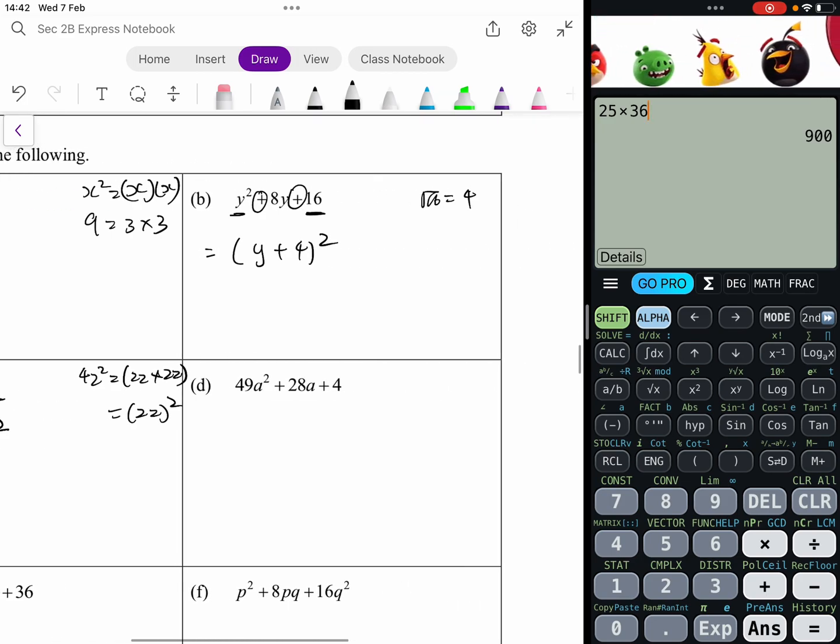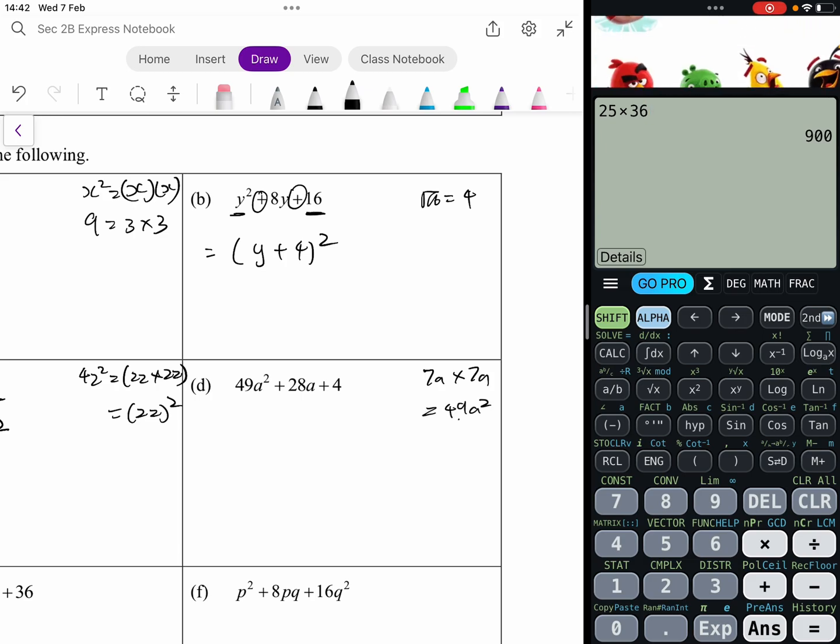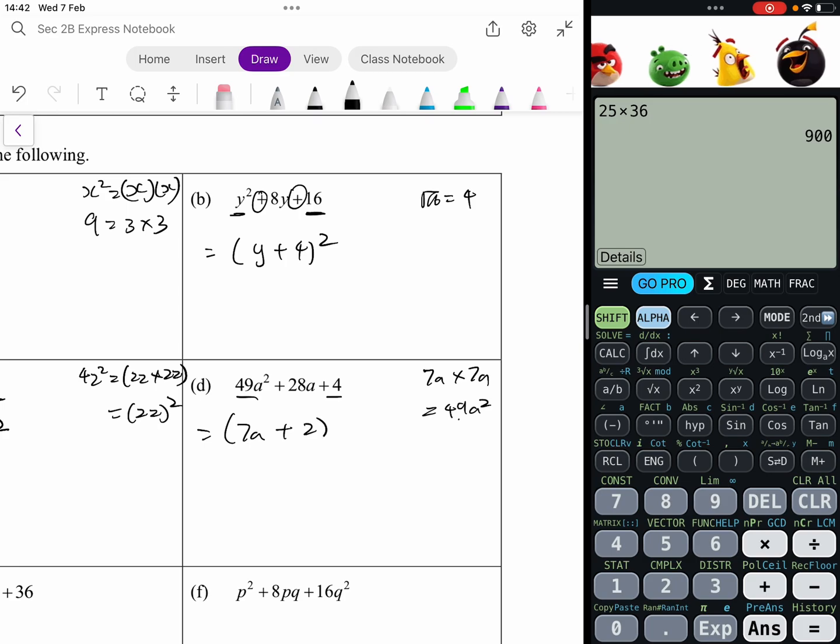Again, 49a squared. If you square root it, you will get 7a, because 7a times 7a is 49a squared. So we will have (7a plus 2) squared.